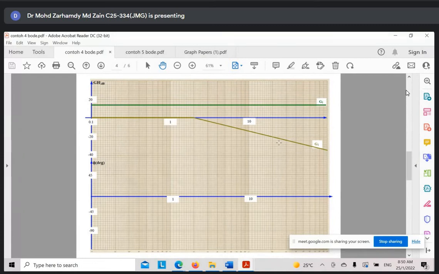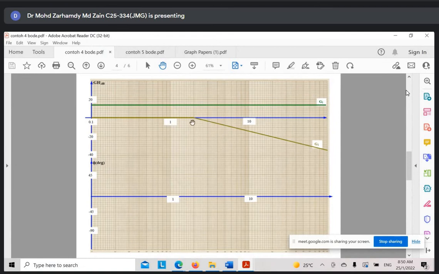The gradient is negative 20 dB per decade. Decade means per cycle. So this is one cycle. But note that the breakpoint is at 2, not 1. So our cycle from 2 is 20. So we have 2 until 20.